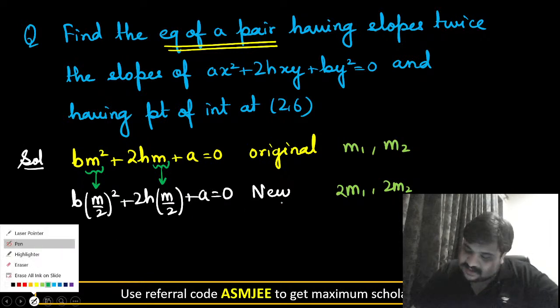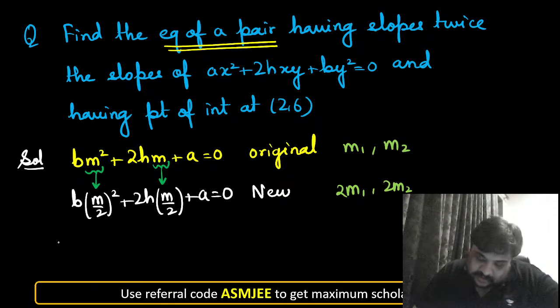Okay. But this is the new slope quadratic. We do not want the new slope quadratic. What do we want? We want the new equation. How to find the new equation? Replace m by (y - 6)/(x - 2).